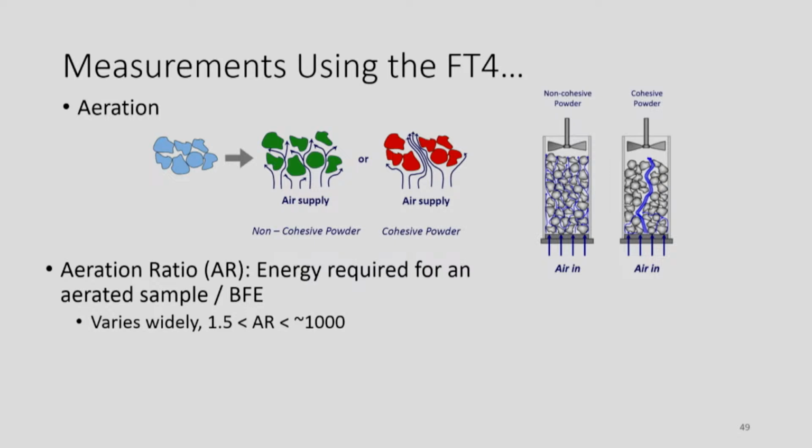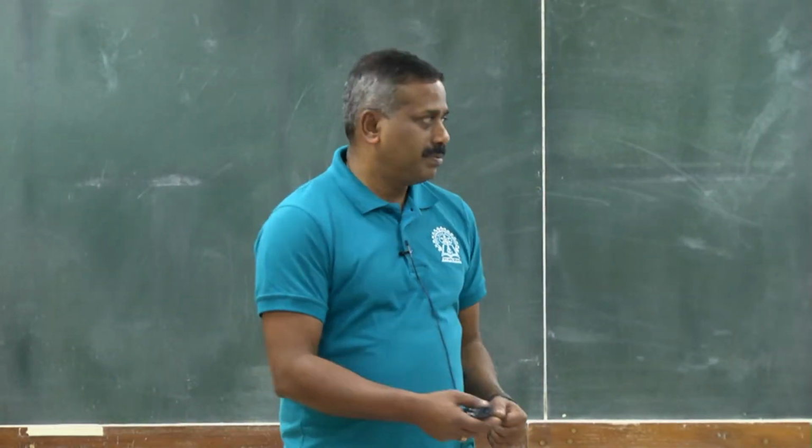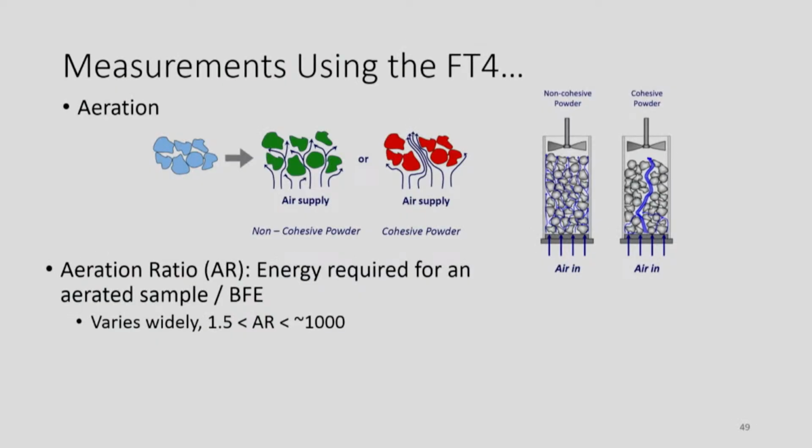Later on you might be using a fluidized bed coating process, etc. You all know about fluidized bed processes, right? Fluidized bed coating and all, that dynamic process. So you can relate this measurement to those processes. Okay, aeration.